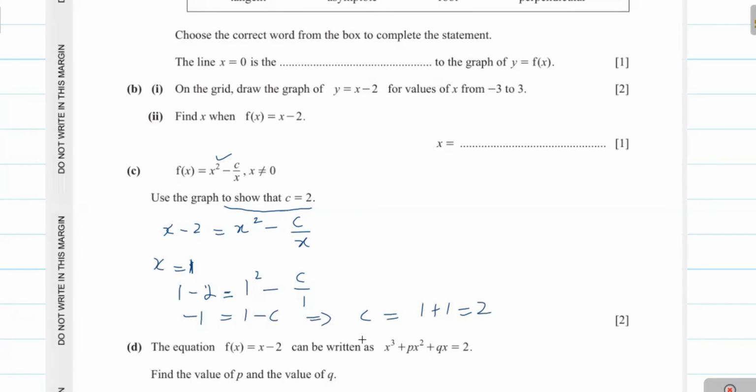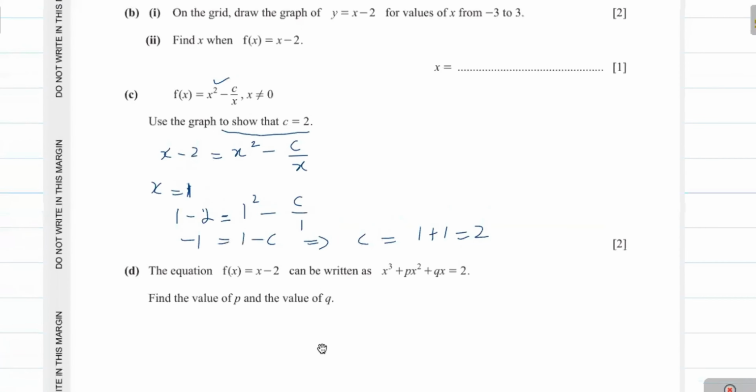This is the answer. Part D, the equation f of x equal to x minus 2 written as x cubed plus px squared plus qx equal to 2. The f of x function is x square minus c over x, and c is 2. We write 2 over x equal to x minus 2. We will simplify and write in this form.